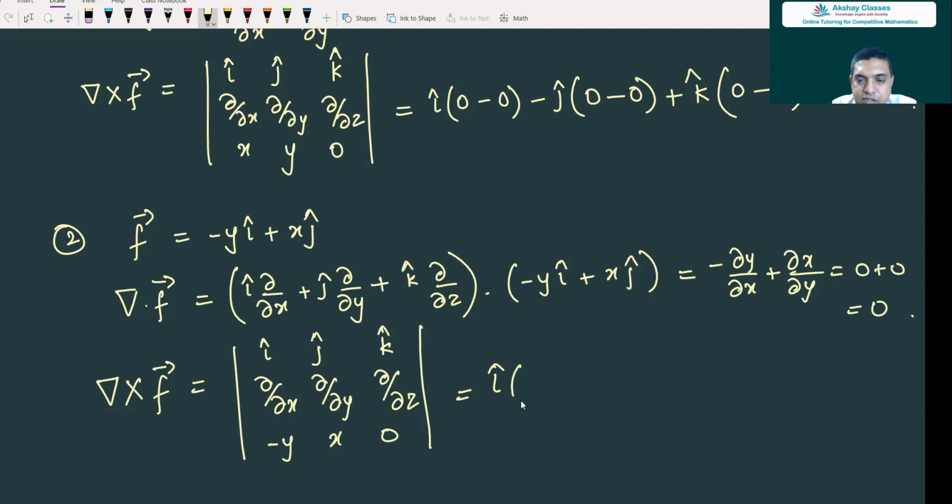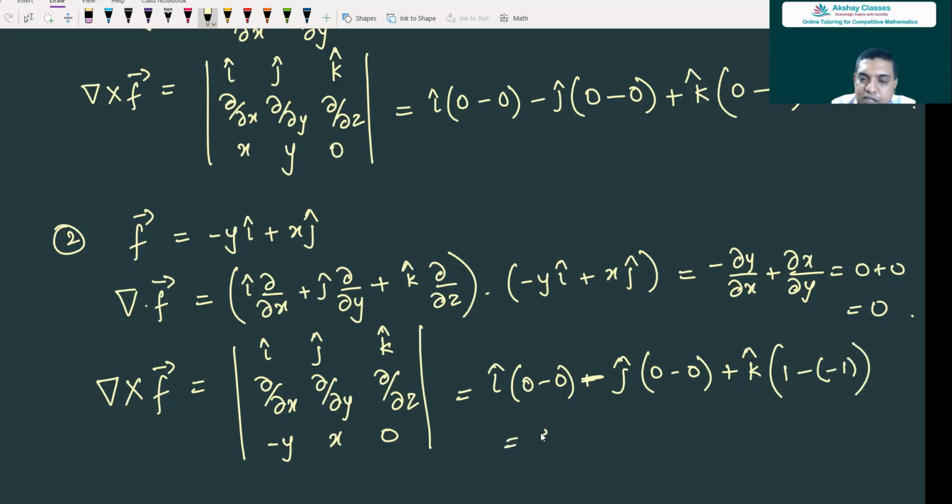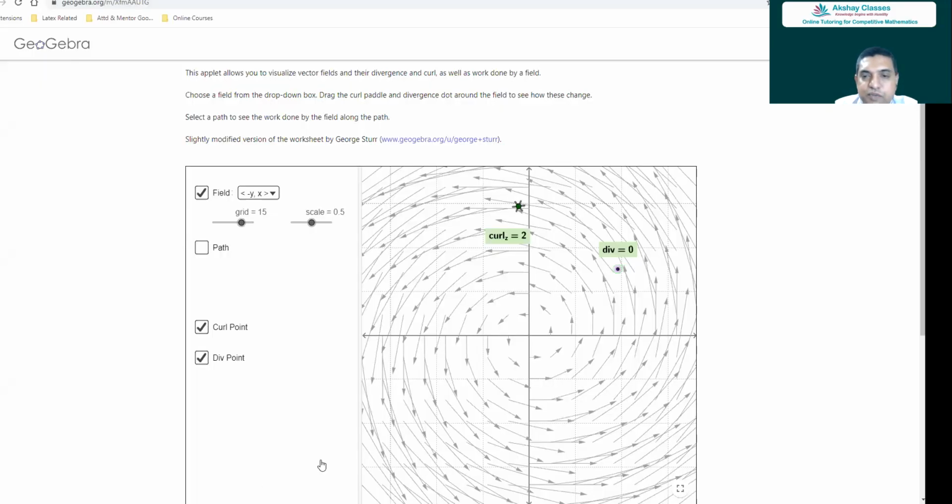So i times 0 minus 0, plus or minus j times 0 minus 0, plus k times, interesting, dou x by dou x 1 minus of minus dou y by dou y minus 1. So minus of minus 1. So you get 2k. So the curl is 2k. That is what we see. At any given point, it is constant.